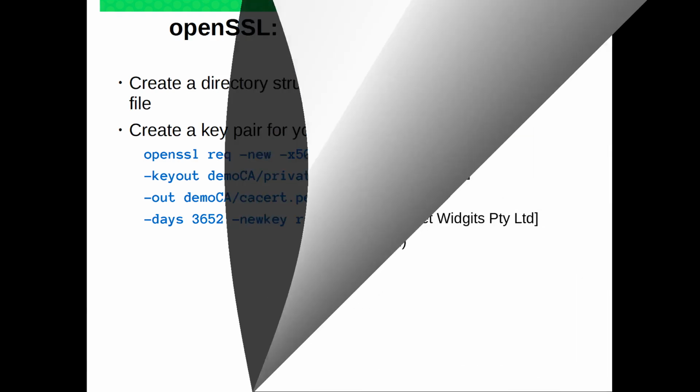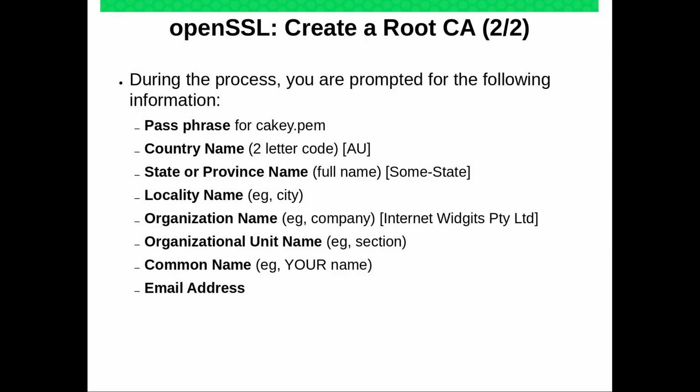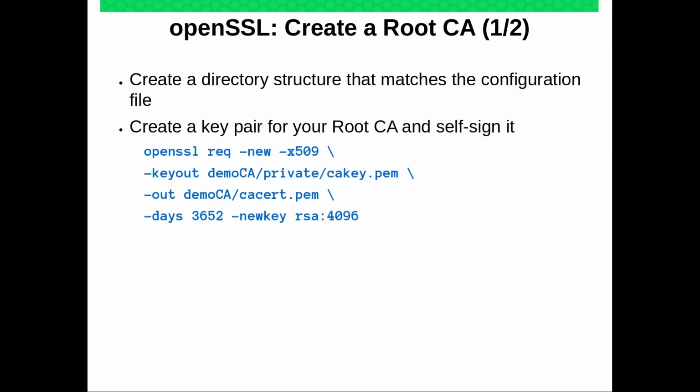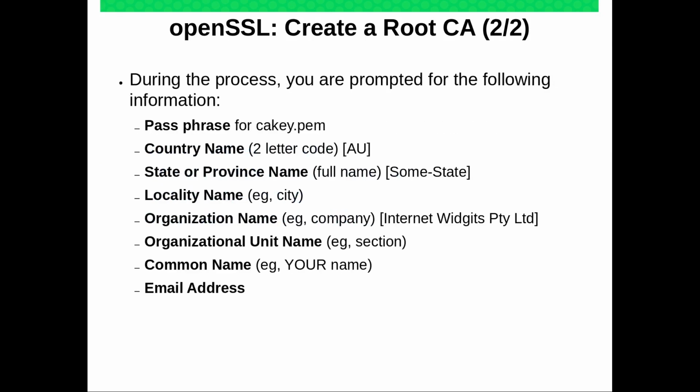Now, during the process, if you executed this command here, it would ask you some of the following. It would say, what's the passphrase for the CA key PEM? In other words, just because you have access to the key doesn't mean that you can do anything with it. It has a built-in safeguard that requires that you have a passphrase, similar to a password, for that certificate authority before it can be used for any task.